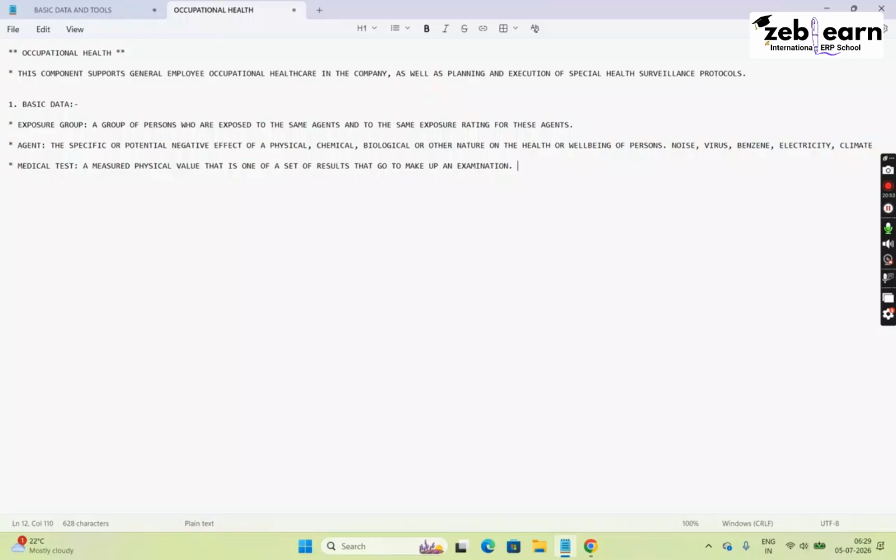So a medical test is a measured physical value that is one of a set of results that go to make up an examination. What are they actually trying to say?